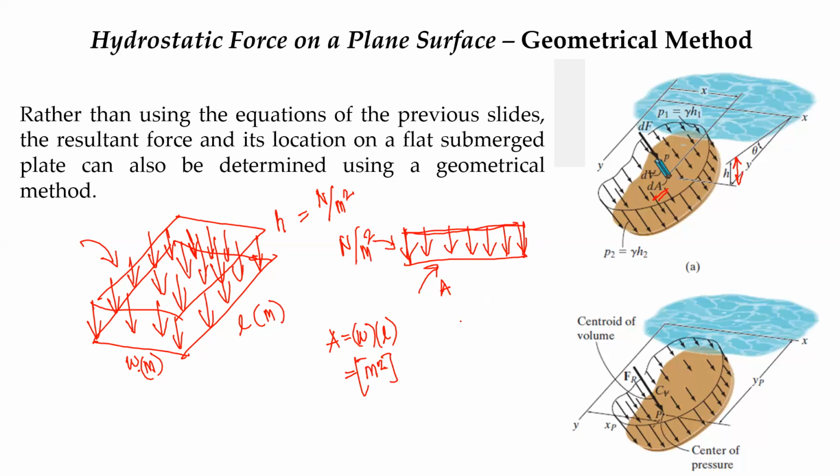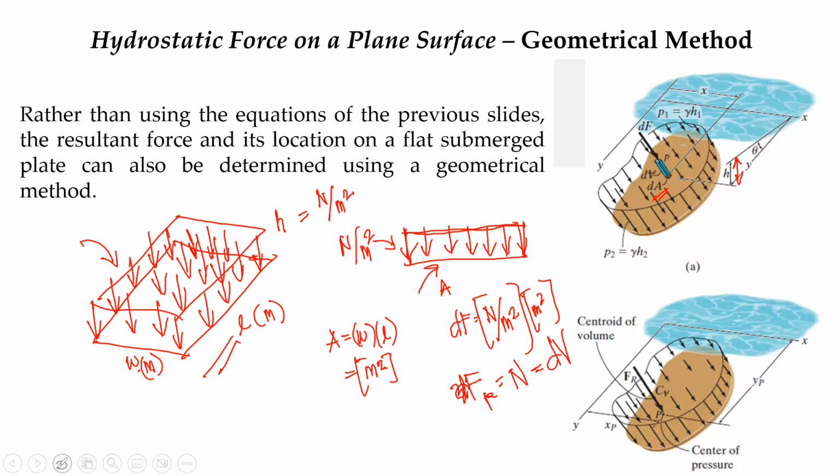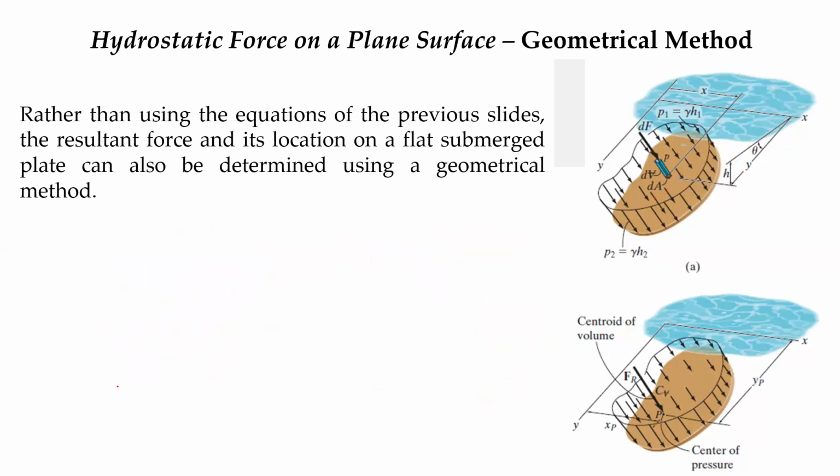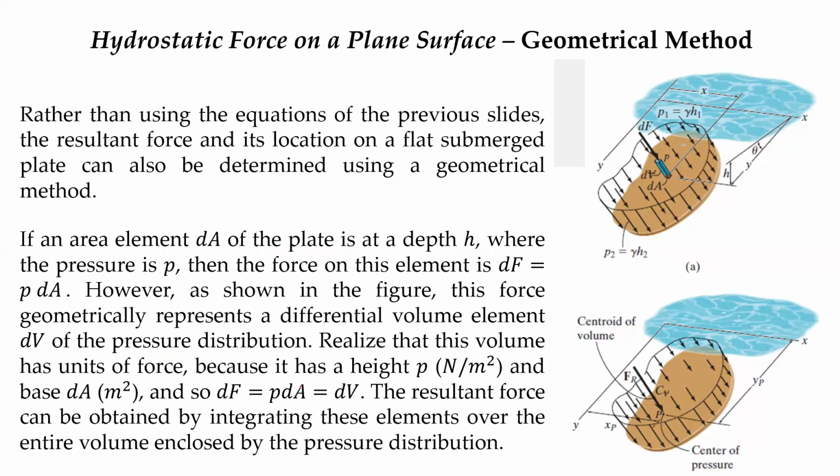So dF is equal to our value of our pressure in Newton per meter squared, and our differential area is meter squared, which is from here. Then our resultant force is equal to Newton. That is why it is equal to the differential volume. Okay, let me erase. Hence, this is it.